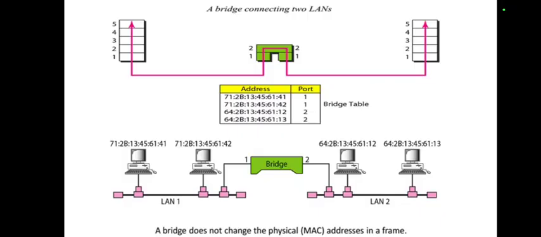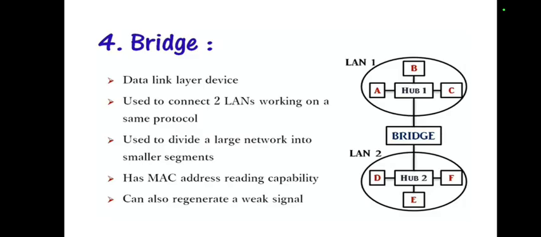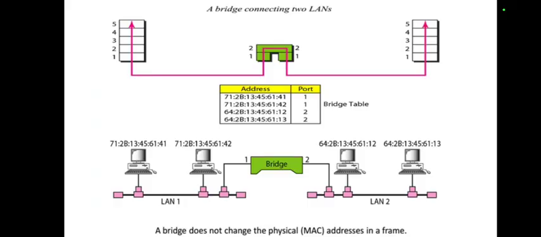Every bridge maintains an address table, where you will have the address of the connected computers, and another column called port number.